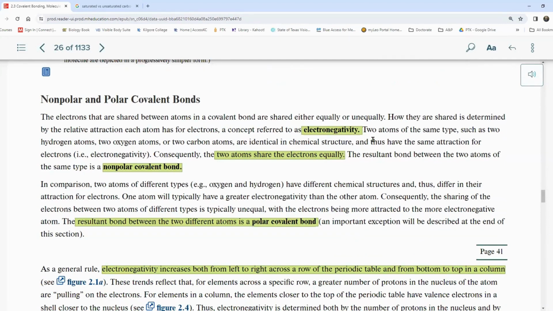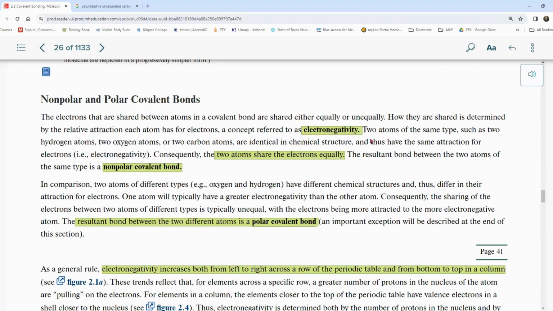Electronegativity is just another way to say how strongly these elements are able to pull towards each other, or how strong, like a magnet, it can pull.